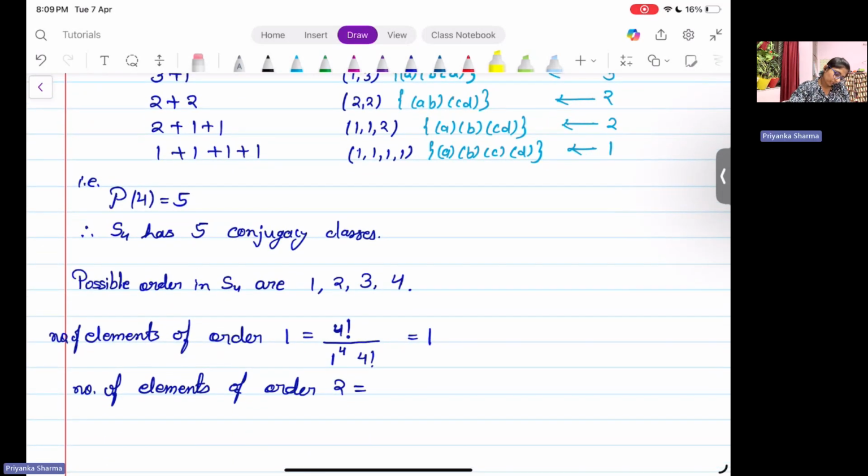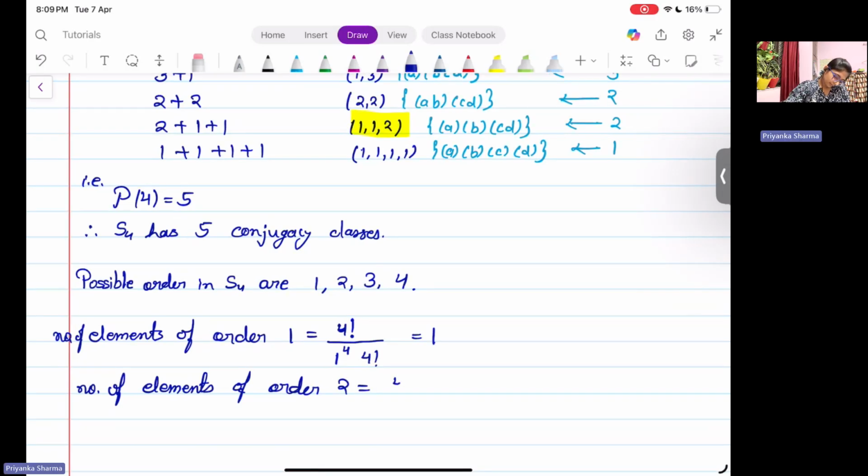So corresponding to this, what we have, factorial 4 divided by 1 to the power 2, 2 to the power 1, factorial 2, factorial 1, plus, refer to this.